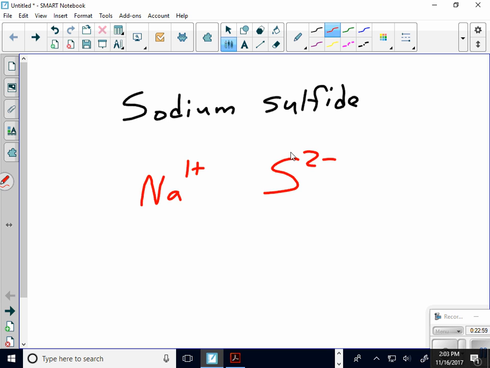So if I am writing the chemical formula for sodium sulfide, I'm going to need 2 sodiums to make that net charge equal 0. Na2S.